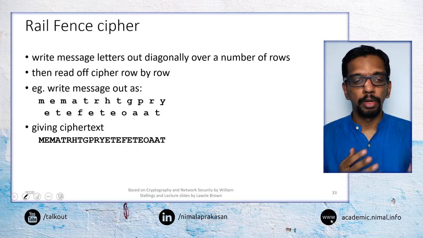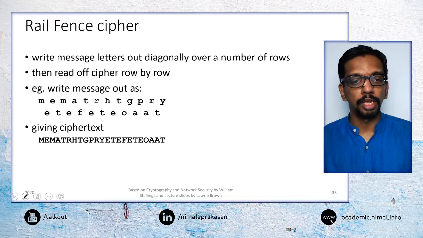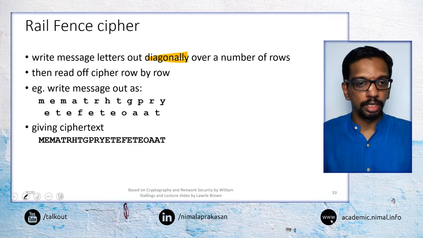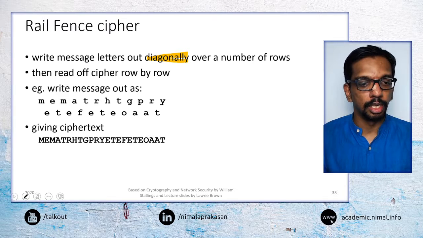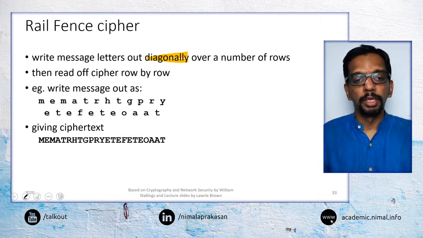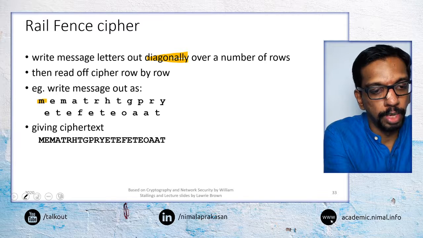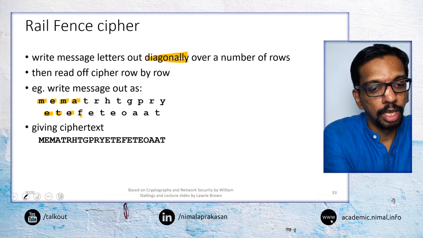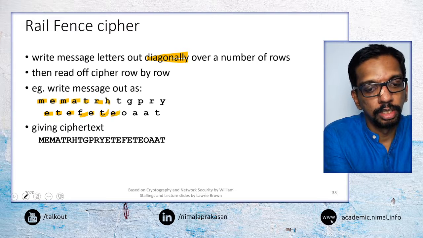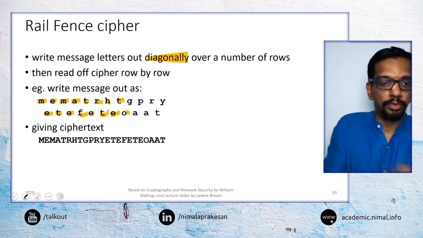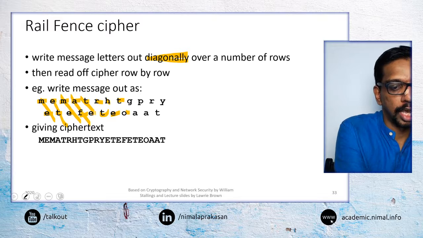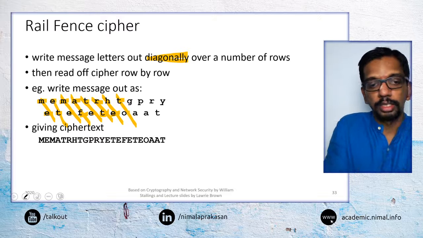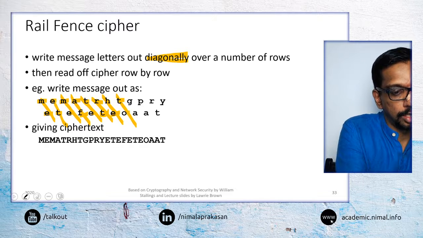A simpler example of this is what is called a rail fence cipher. What we do here is write out the letters diagonally. So for example, if the message is "meet me", here what we have is MEET ME. We go like this diagonally and write, but when we are writing the ciphertext, we take it like this.